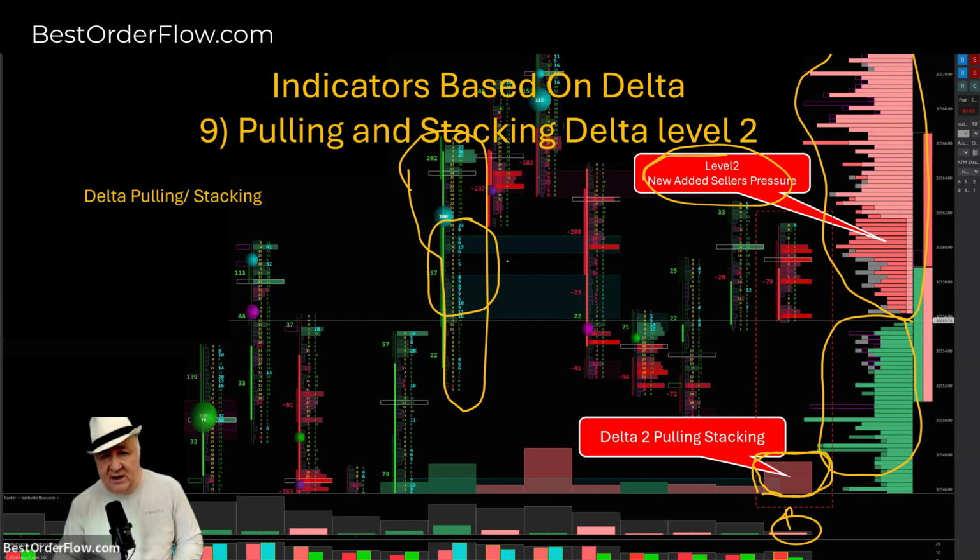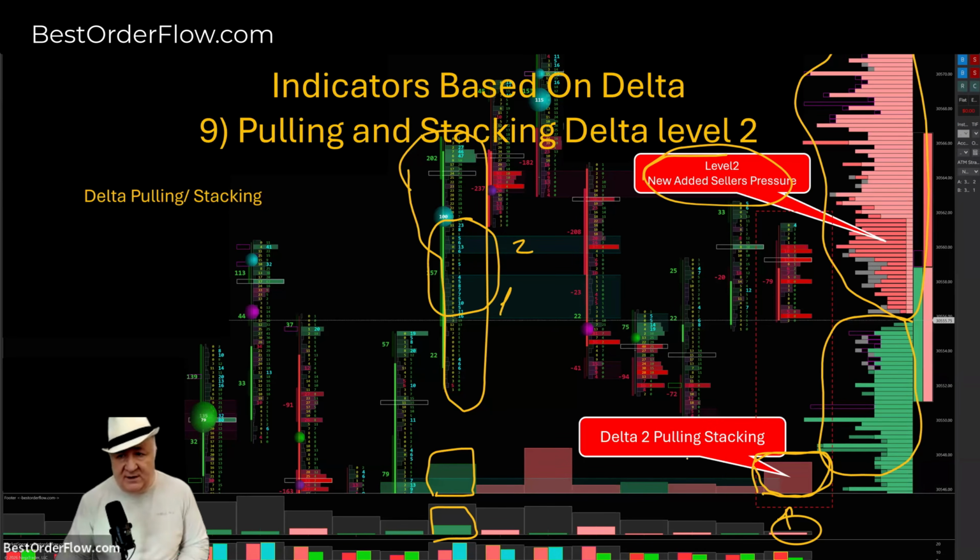You see these imbalances, one zone, second zone, imbalance zone. There's probably a third zone. So this is the delta 1. This is why it's green. And then you see, so delta 1 from the footprint, and the delta 2 is green as well. So now you can think in terms of a combination of the delta 1 and delta 2.